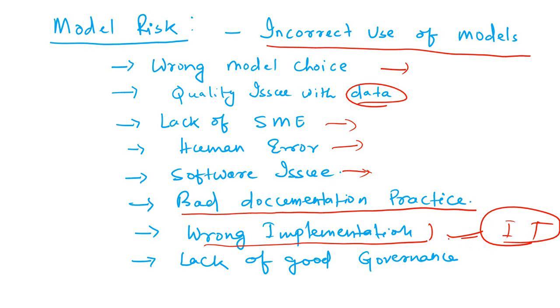Coordination has to be there between the IT team and the modeling team so that there is no issue while implementing. Lack of good governance: every organization should have proper governance for models, and that is very important. So these are some of the cases where you will come across model risk, which is nothing but incorrect use of models. That means a model is either used improperly, or the model itself is theoretically wrong.